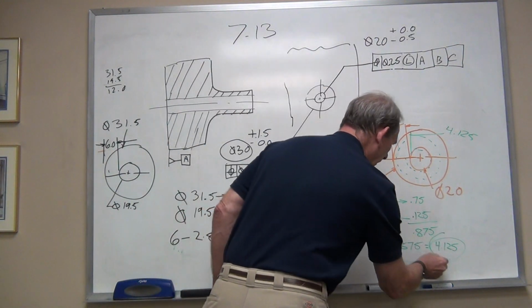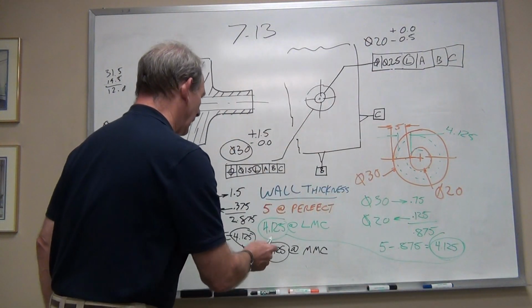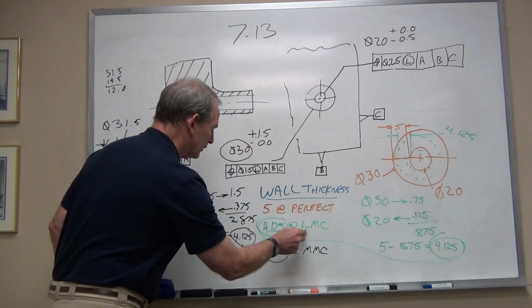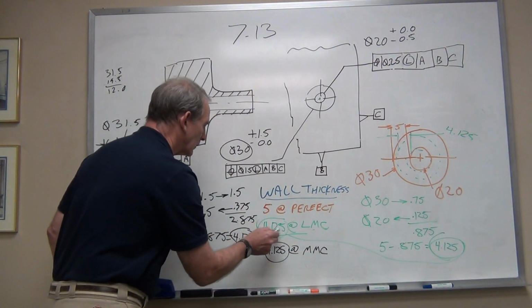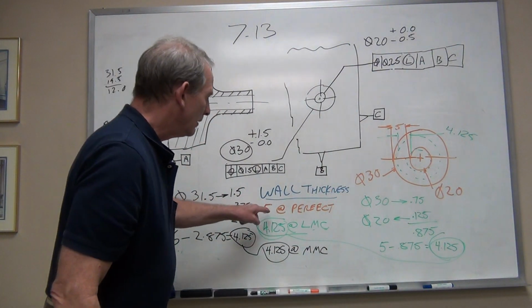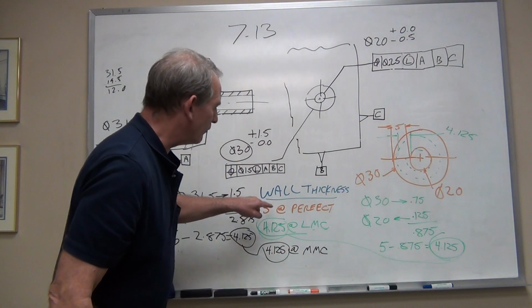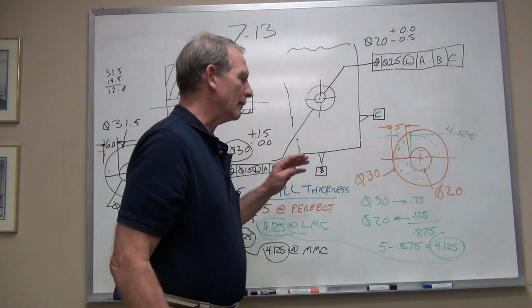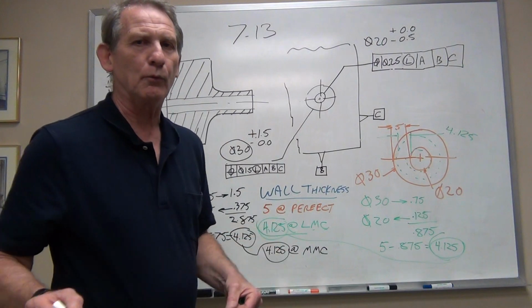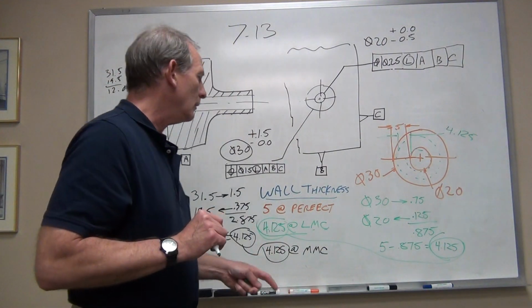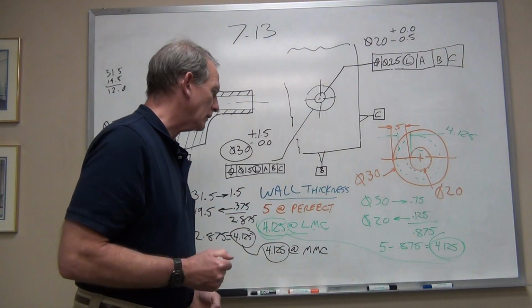Okay, and I've written that here, and I've written that here. At least material condition, 4 1/8 wall thickness. At least material condition, we have 5 millimeters if everything is perfect, it's only going to get worse once things start moving around. So the worst case will be 4 1/8.